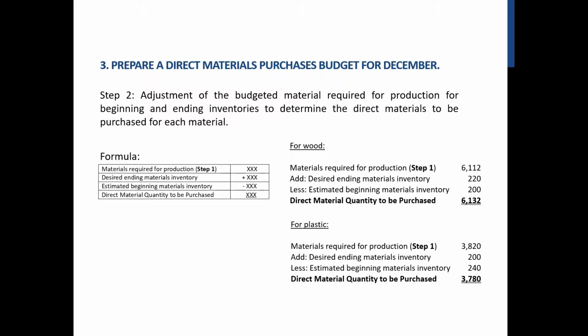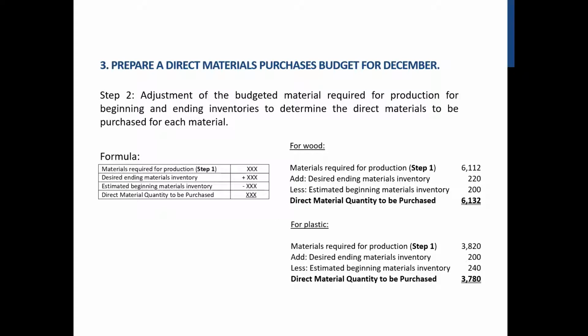Step 2 is the adjustment of the budgeted material required for production for beginning and ending inventories to determine the direct materials to be purchased for each material. So we will just follow the formula based on my previous video. So it's materials required for production, add desired ending materials inventory, less estimated beginning materials inventory.